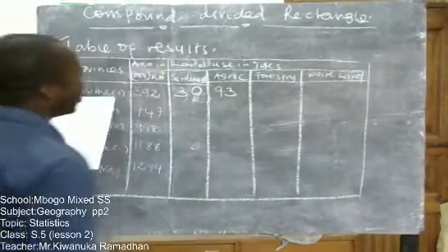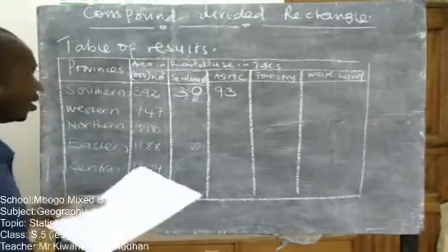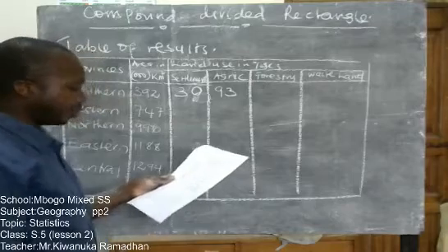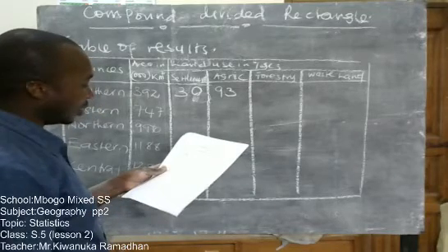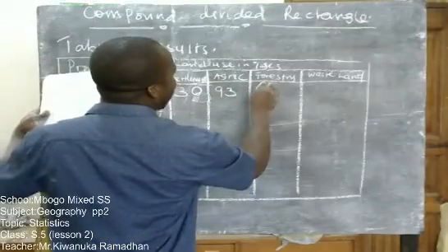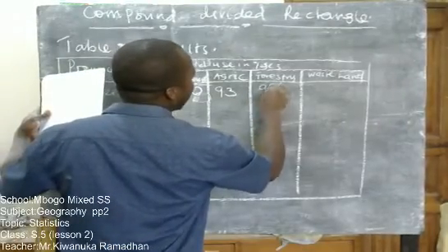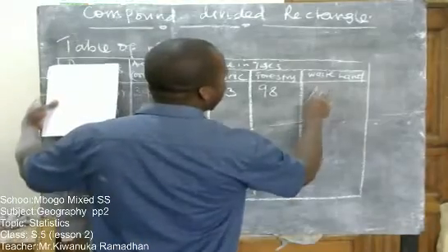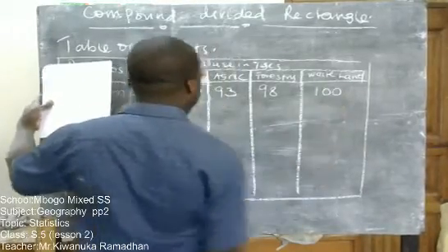We are still accumulating like we did here. Then you go to forestry. 93 plus forestry, which is 5, that is 98. 98 plus 2, it becomes 100.